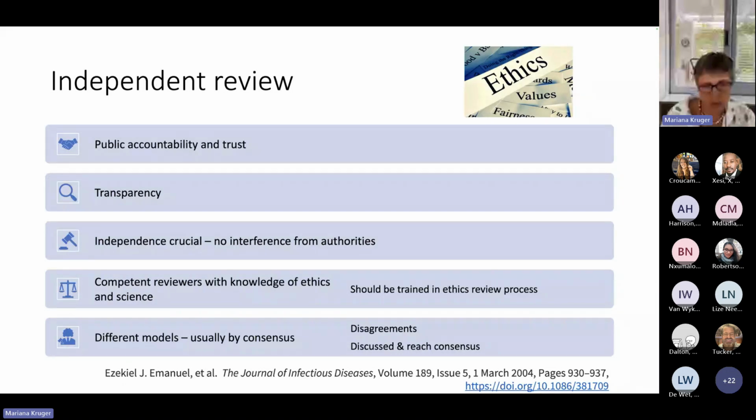Sometimes other committees may opt for a voting process. Most of our committees function on consensus agreement, and disagreements are discussed until we reach consensus before it's sent to the researchers for their knowledge and their modifications if required.